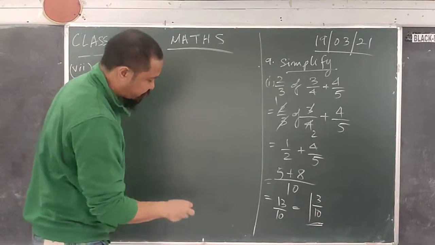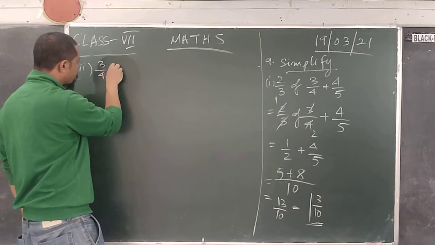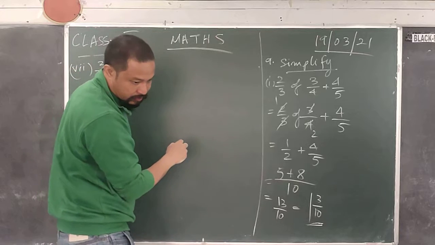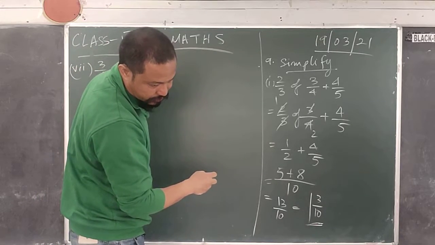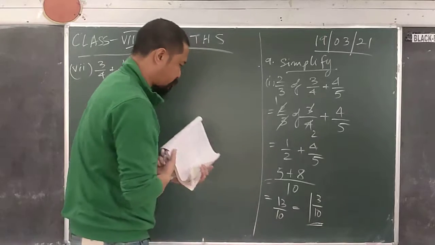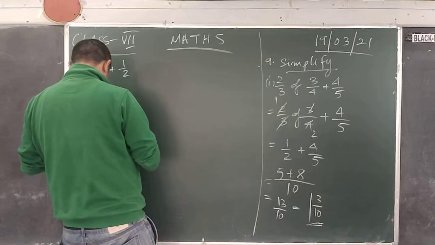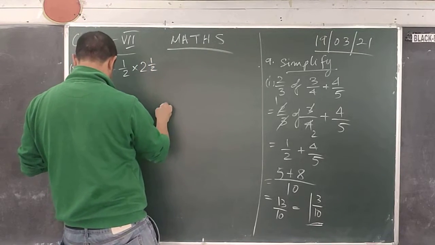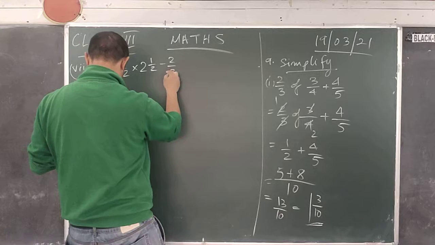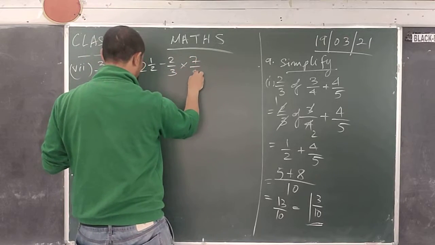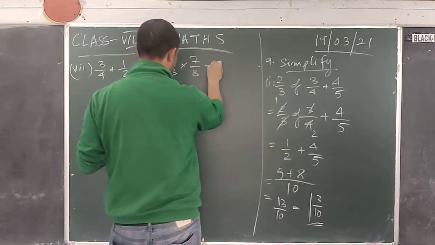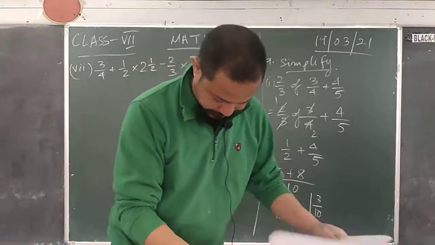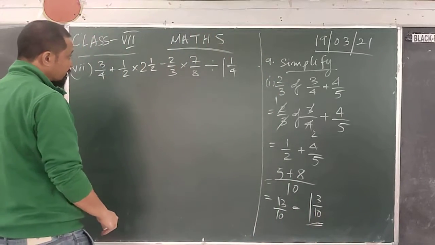Okay, number 7 states 3 by 4 plus 1 by 2 into 2 whole 1 by 2 minus 2 by 3 into 7 by 8 divided by 1 whole 1 by 4. Okay, so let's just convert all this first.